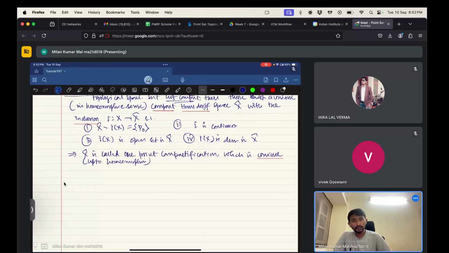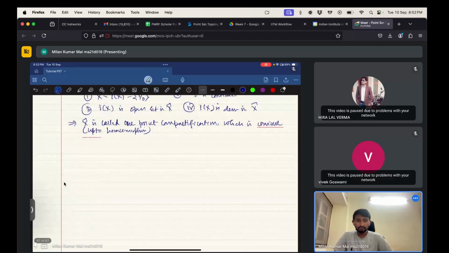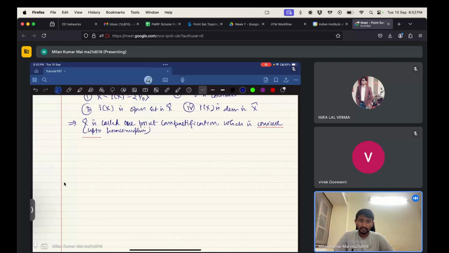If there are two, X cap and X cap dash, then we have a homeomorphism from X cap to X cap dash. And the fact is that open sets in X cap are of two types.